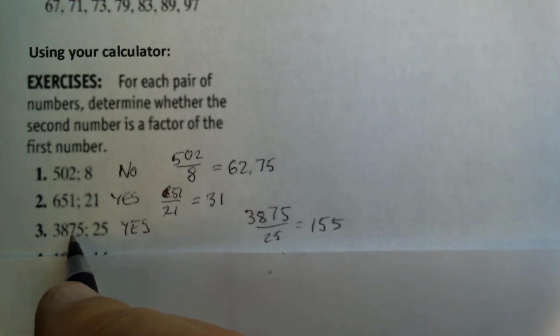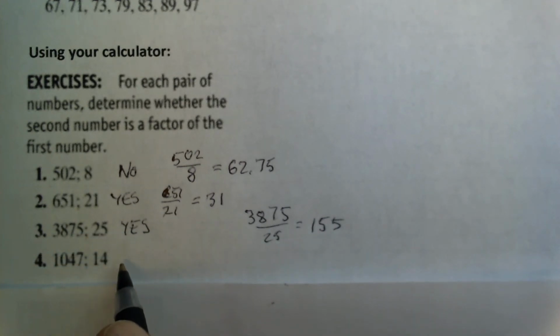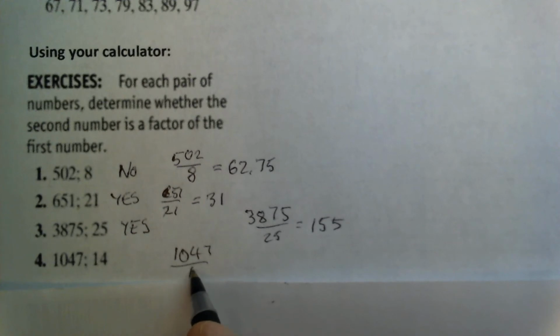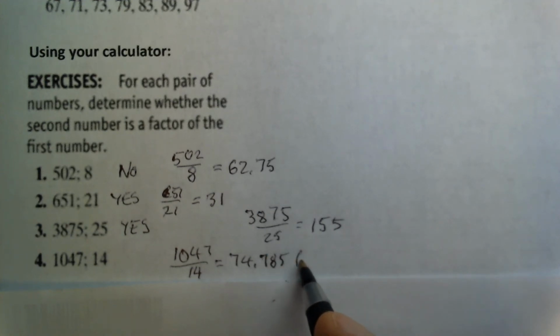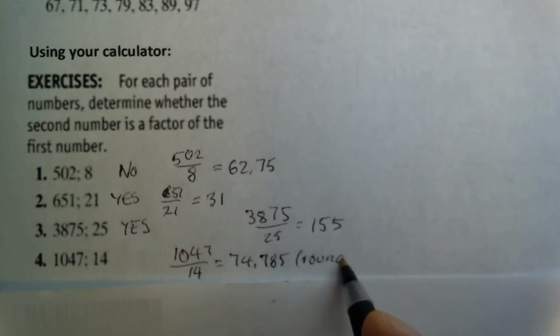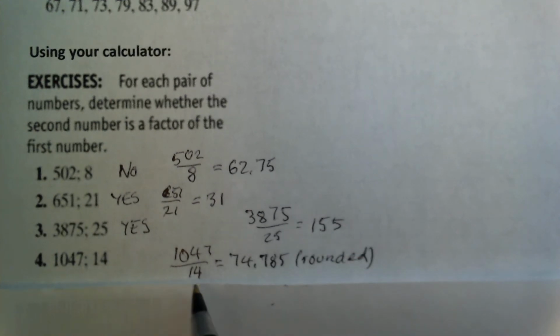In other words, 25 is a factor of 3,875. And for the last one, number 4, when we divide 1,047 by 14, that gives us 74.785, rounded, with a few more decimals. Since there's a remainder there, 14 is not a factor of 1,047.